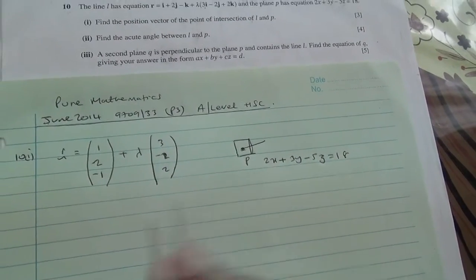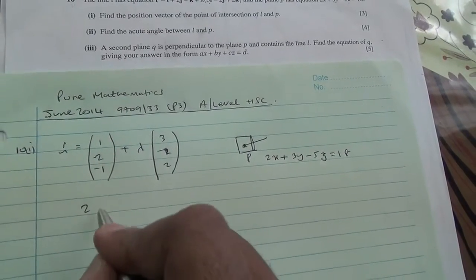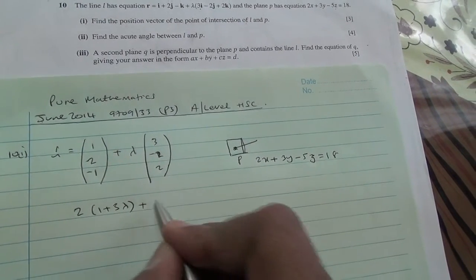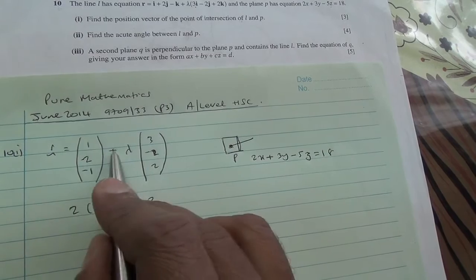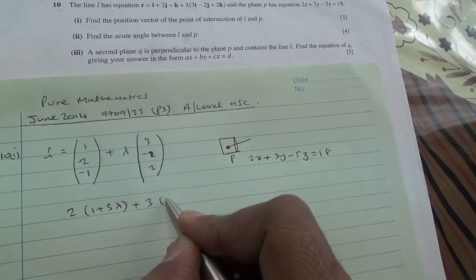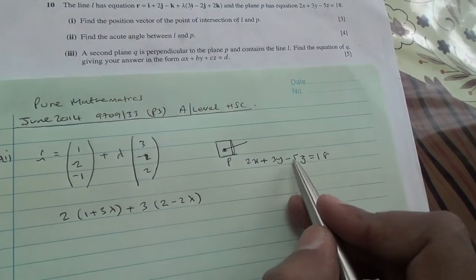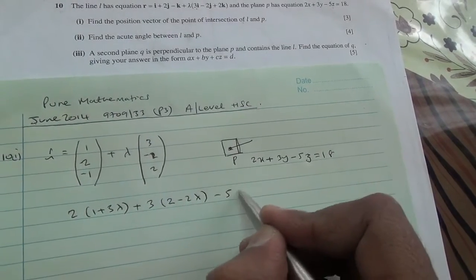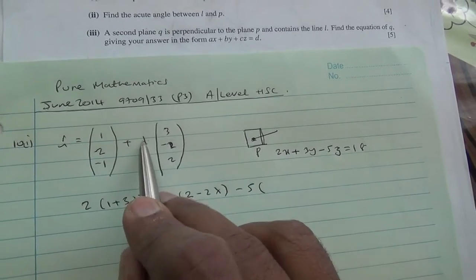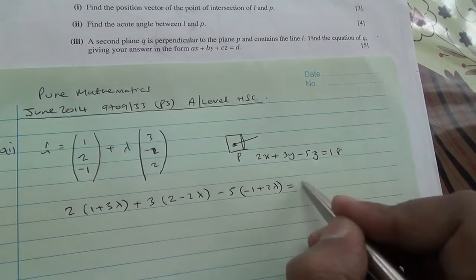So this is 2 times x, and x is 1 plus 3 lambda, then plus 3 times y, where y is 2 minus 2 lambda, also minus 5 times z, and here z is minus 1 plus 2 lambda, and that is equal to 18.